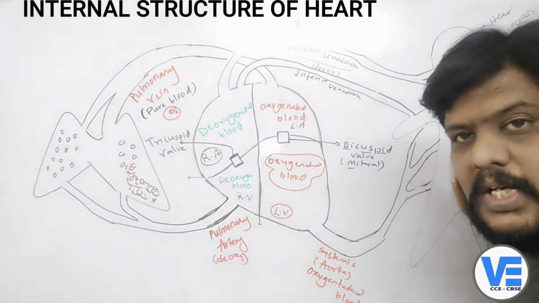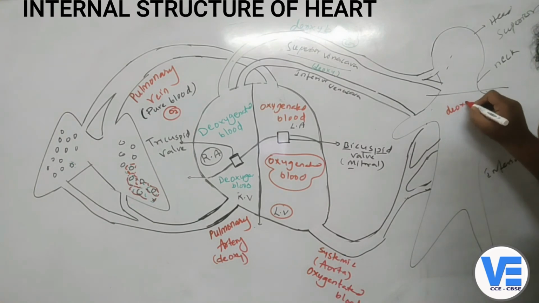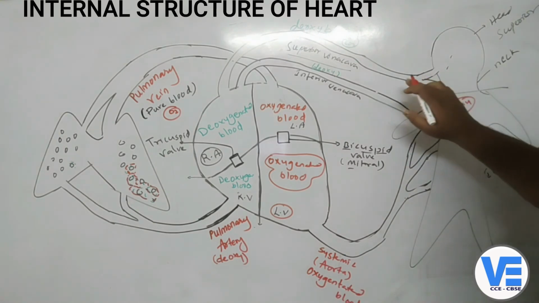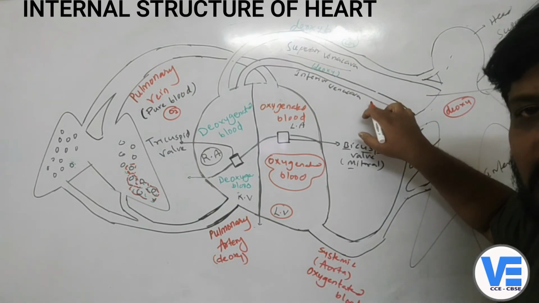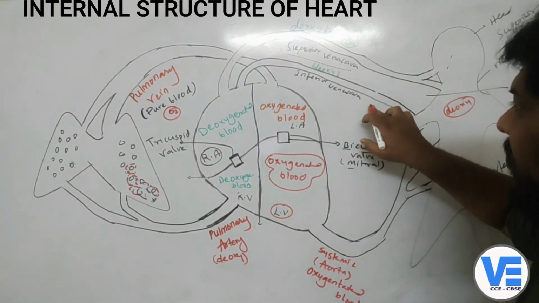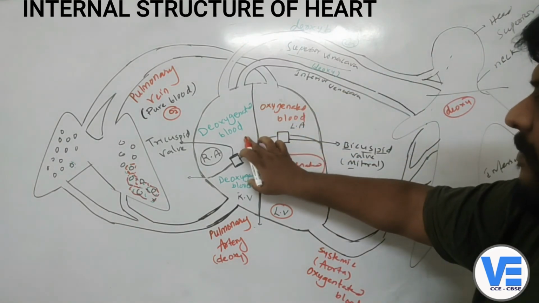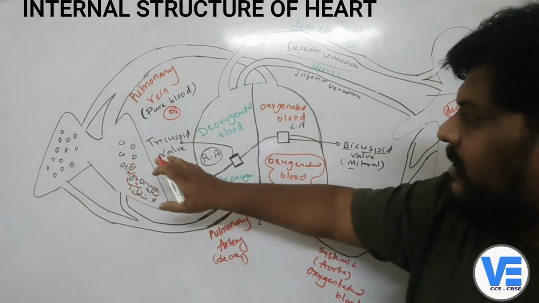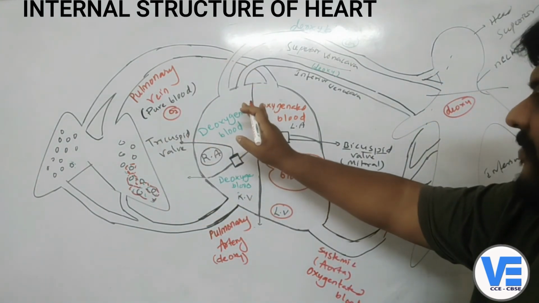Once it goes to each and every part of the body, the blood will again get deoxygenated. Again, the superior vena cava and inferior vena cava, which are the large veins, will carry the blood to the right auricle. At the same time, the pure blood in the lungs will be carried to the left auricle.